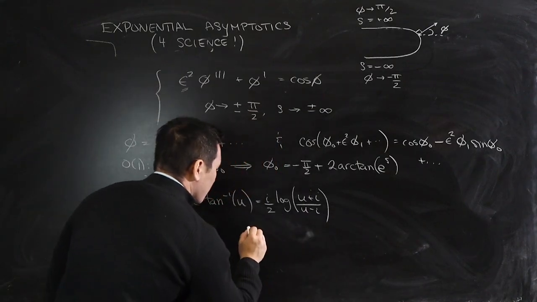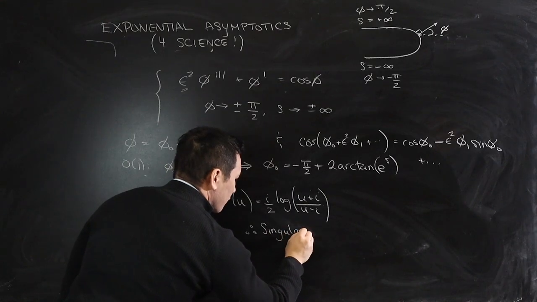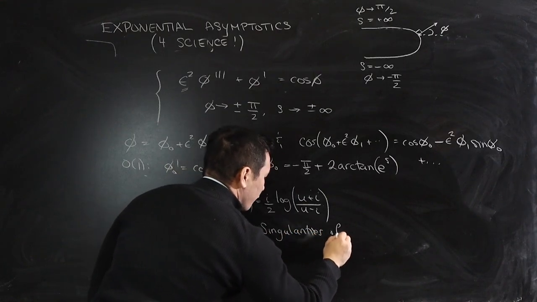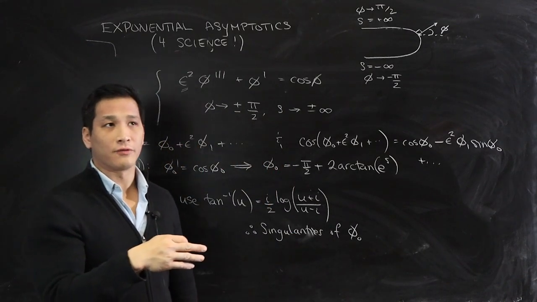So this will tell me that the singularities of phi naught occur at the odd multiples of pi by 2.